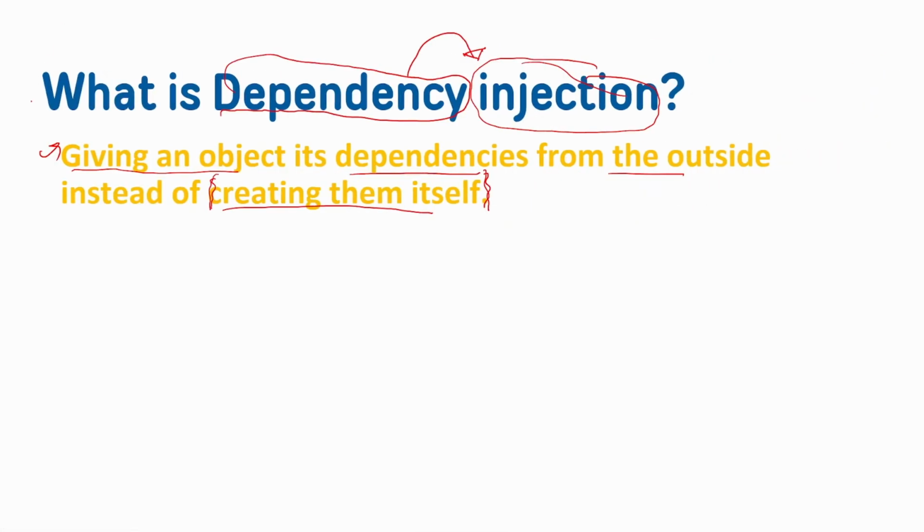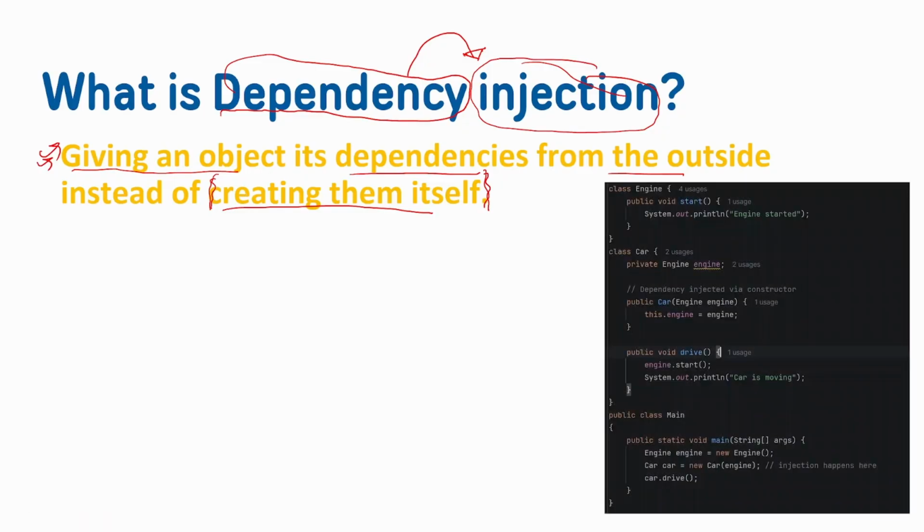So what is dependency injection? Giving an object its dependency from the outside instead of creating them itself is known as dependency injection. What we have done is, in the car we created one constructor, and the object is receiving its dependency from the outside.